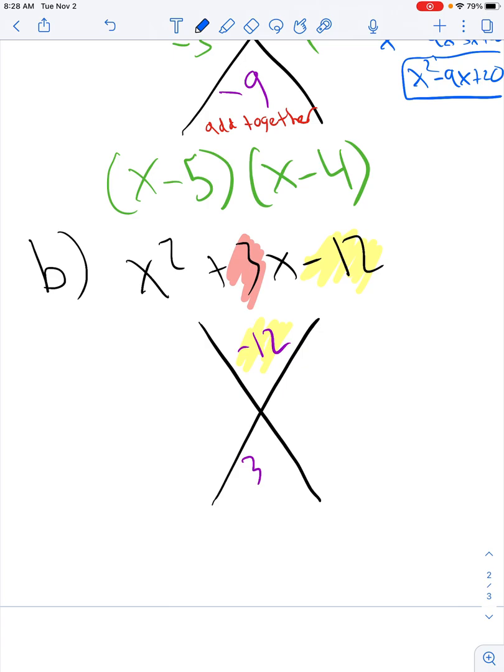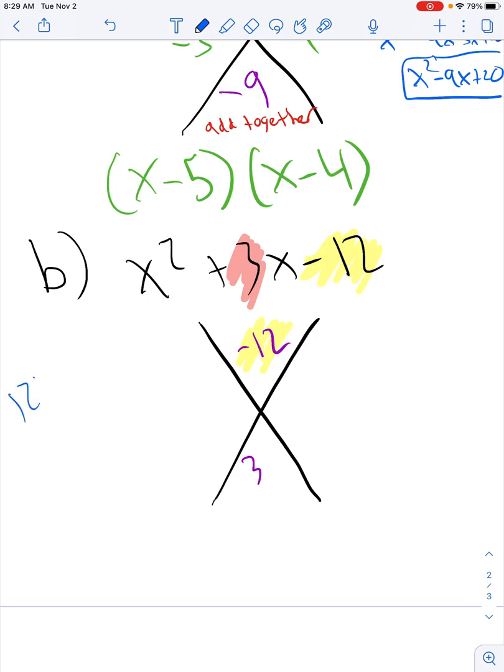So if I think about numbers that multiply to get 12, I have 1 and 12, 2 and 6, 3 and 4. I think that I am having trouble figuring out how I can get something that multiplies to get negative 12 but adds to get positive 3.